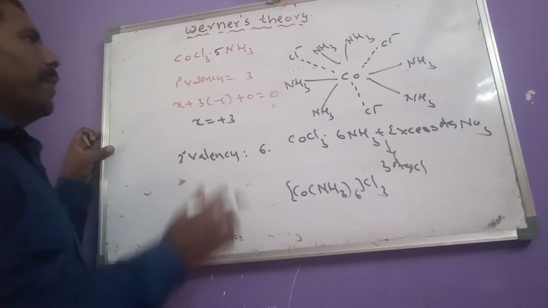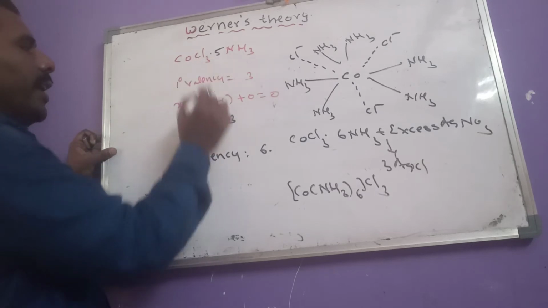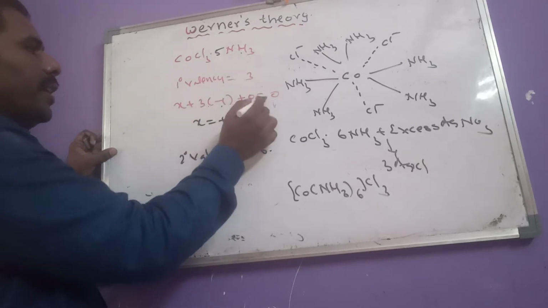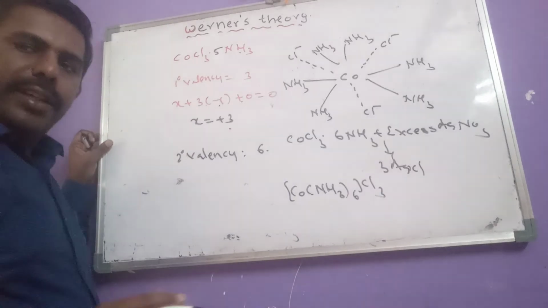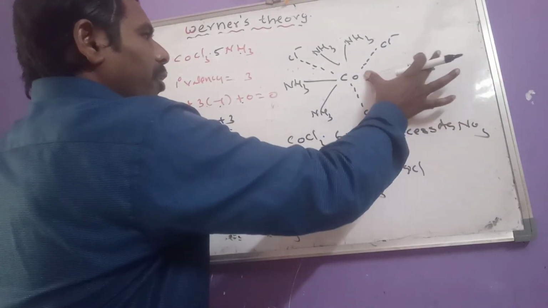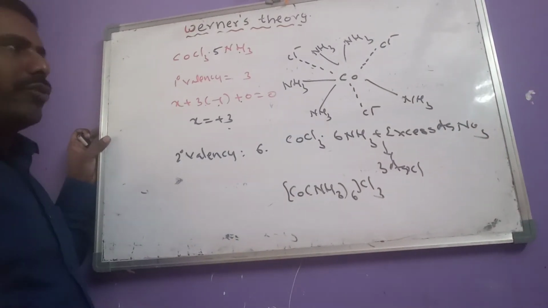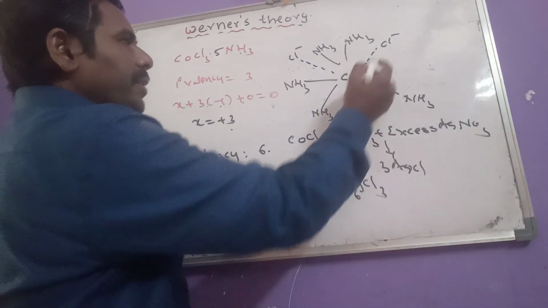In that, no doubt, here X plus 3 into again minus 1 and ammonia 0. Again we can get X equal to plus 3. But one ammonia molecule is not there, because only 5 NH3 molecules are there. Now what happens here?